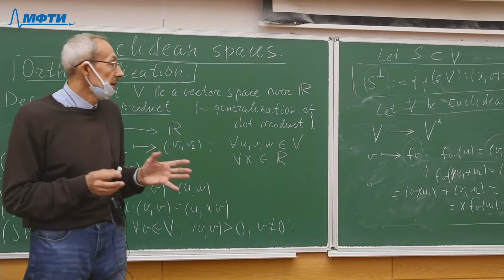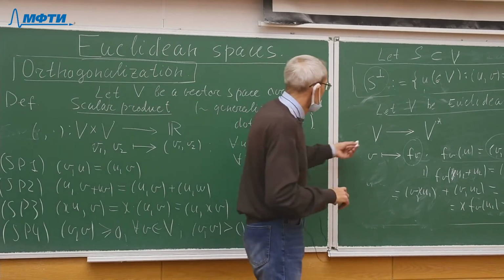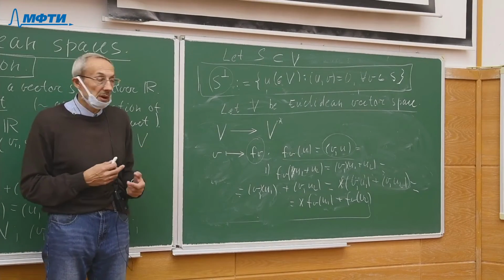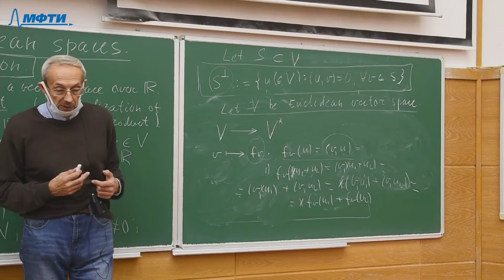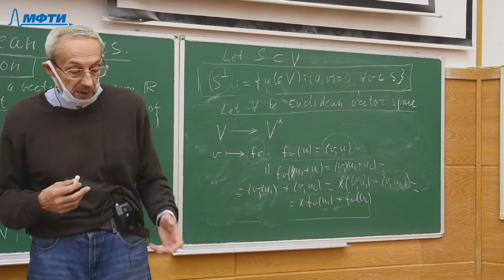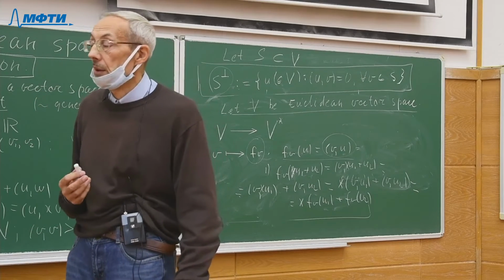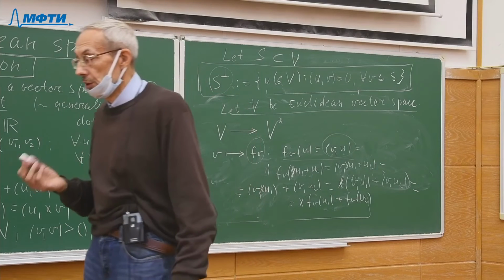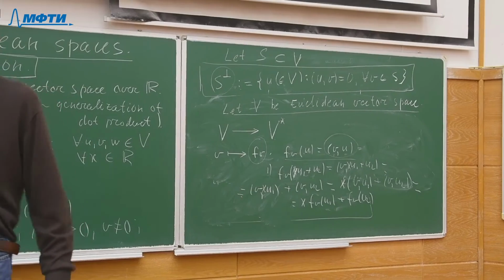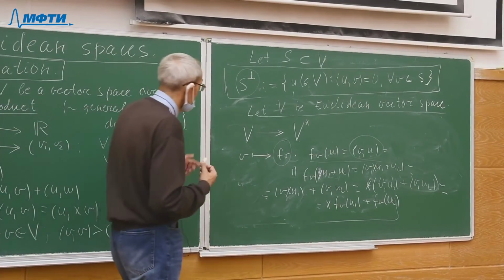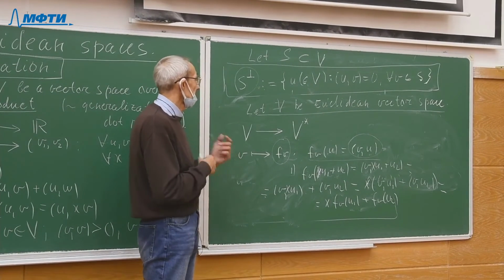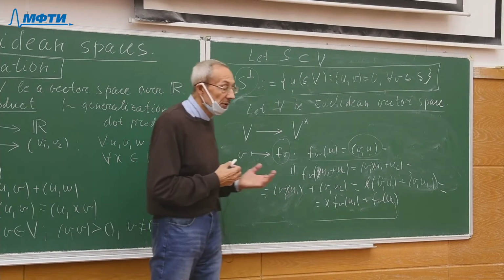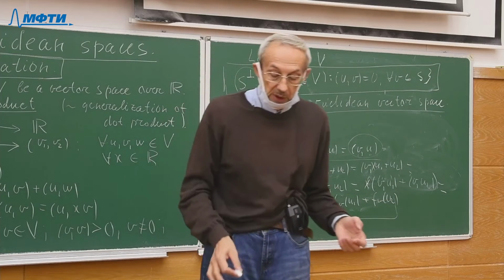We can consider any vector of the initial Euclidean vector space as a functional which belongs to the dual vector space. And this correspondence is a natural correspondence. I recall that this correspondence was defined by choosing the so-called dual basis. What does the dual basis mean in our case?